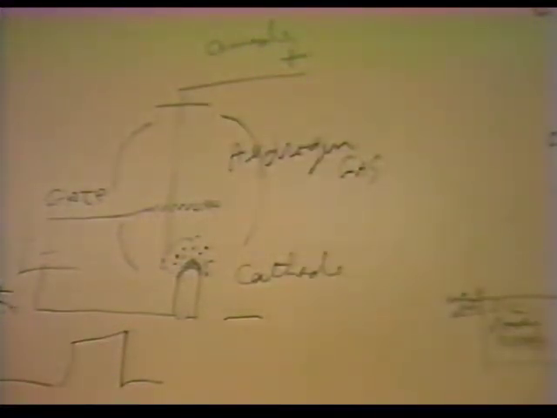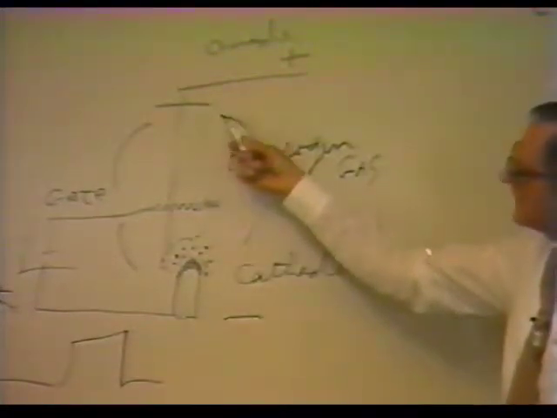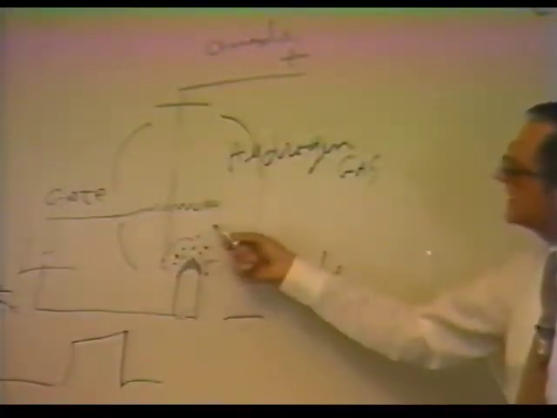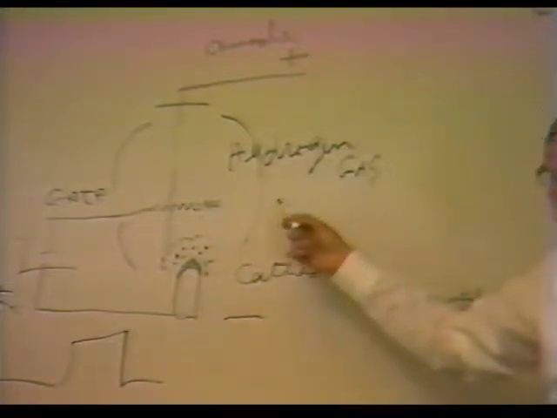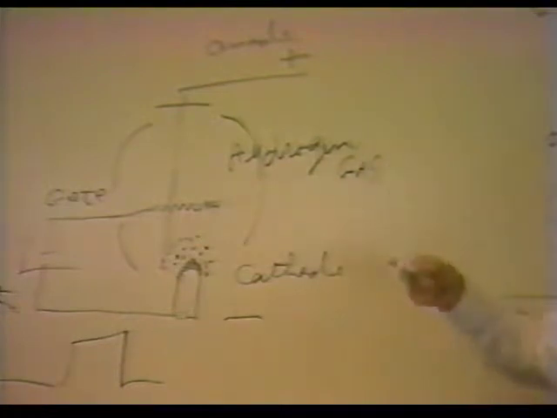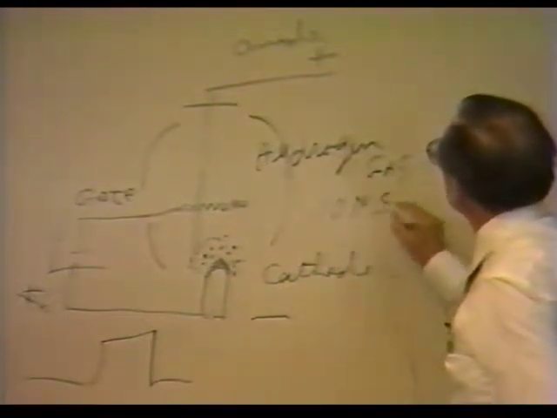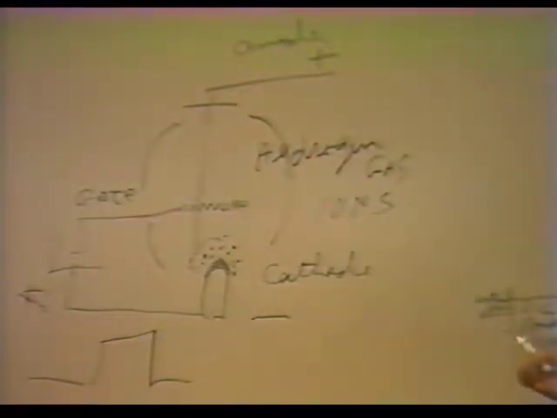Now, in the process of being attracted to the plate with a high voltage, they have a high velocity. They smash into the hydrogen atoms, and they knock off the valence electrons in the hydrogen atom, and they cause ions, where we have both positive and negative charges.